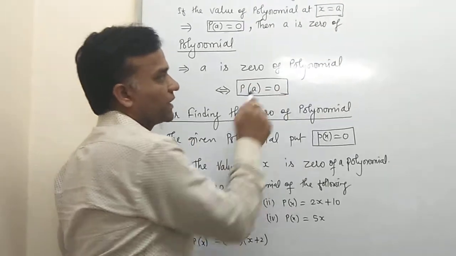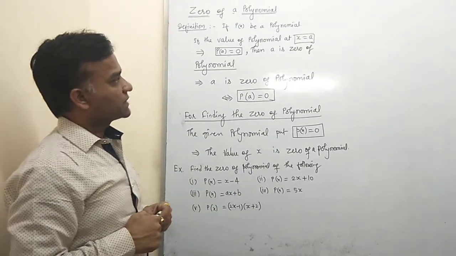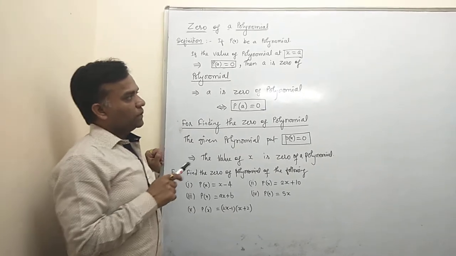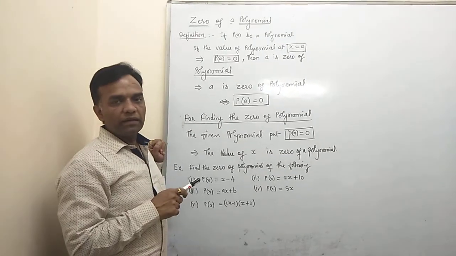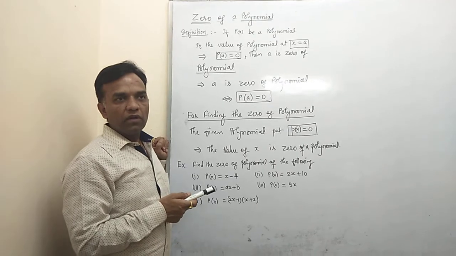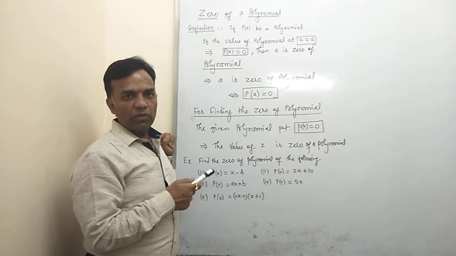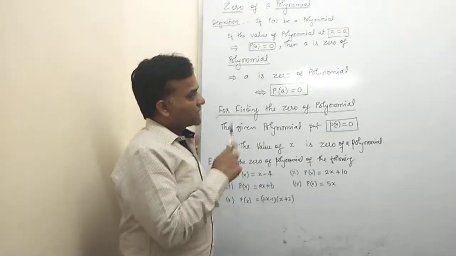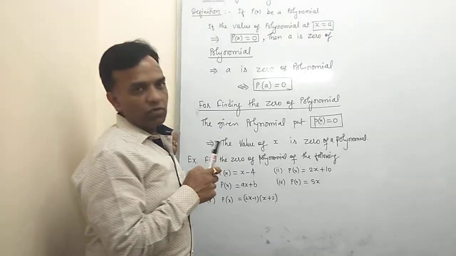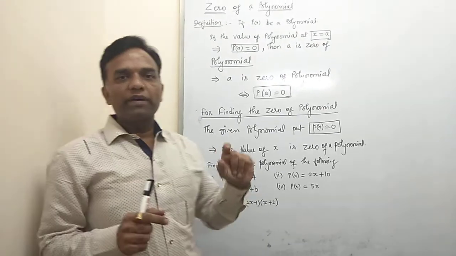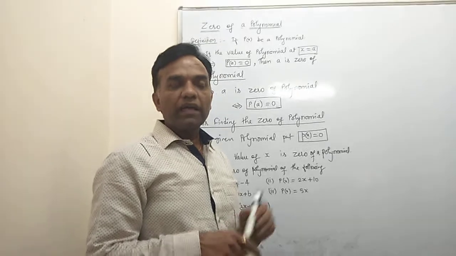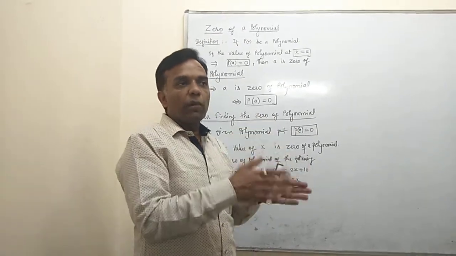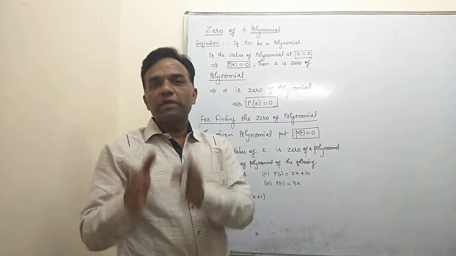It means there are two cases we study here. If you put any value and the whole polynomial is 0, then that is a zero of the polynomial. And if you know that a particular value is a zero of the polynomial, then it is compulsory that the polynomial value must be 0.